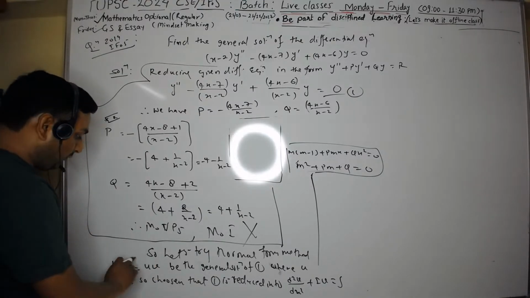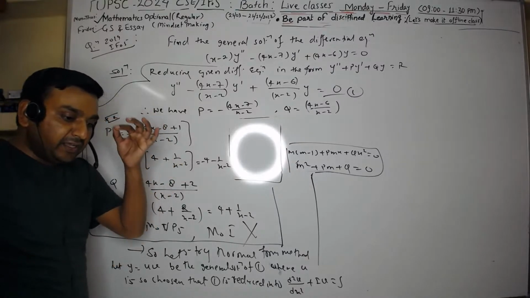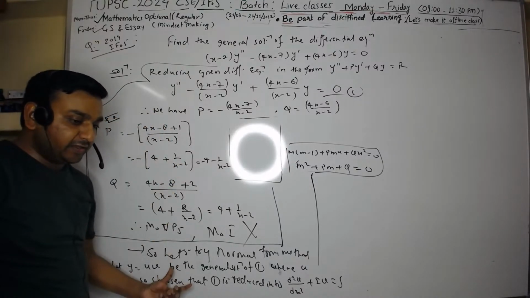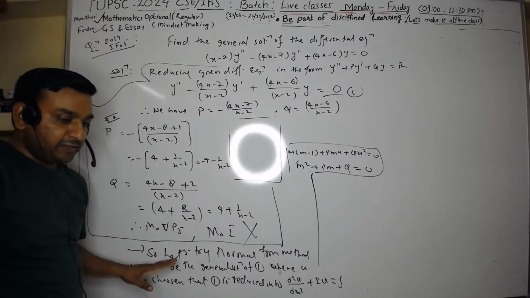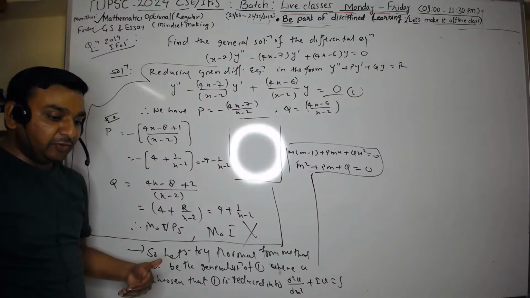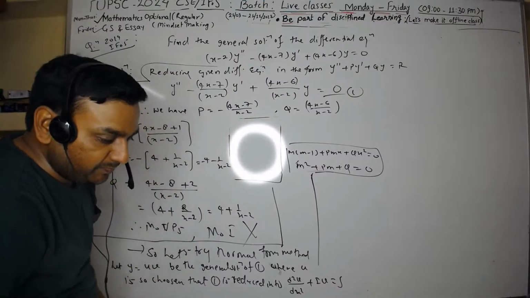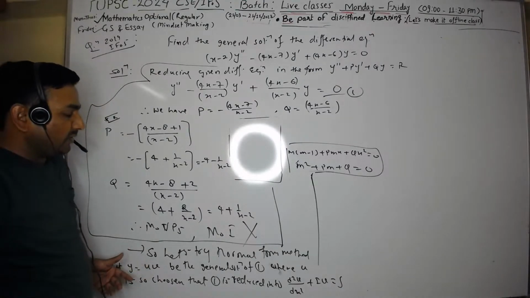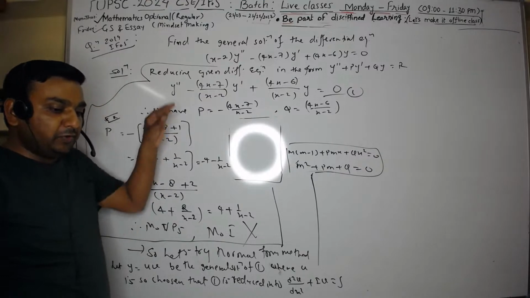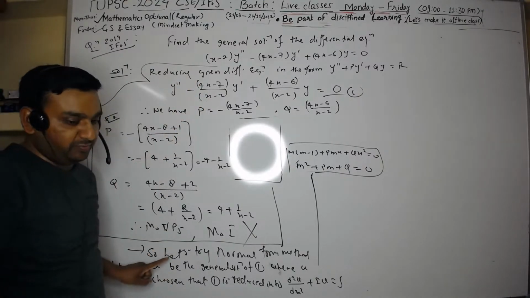You have to start from here itself. If it is clicked in your mind that okay, normal form will work here, then you start from here. But I am giving you a process for how to get that. Harish, you got my answer? If you are clear that normal form is easy to solve here, you just start from here.